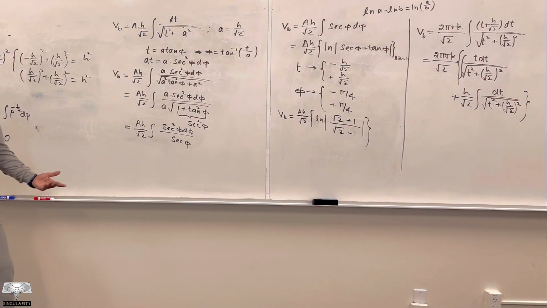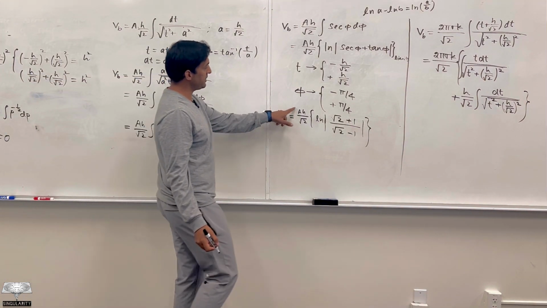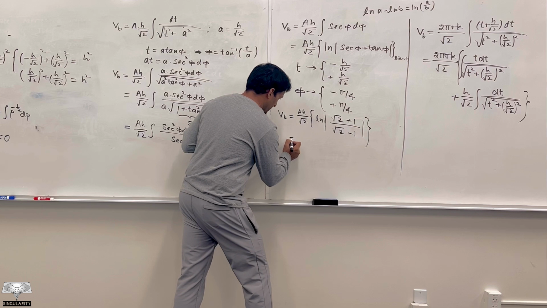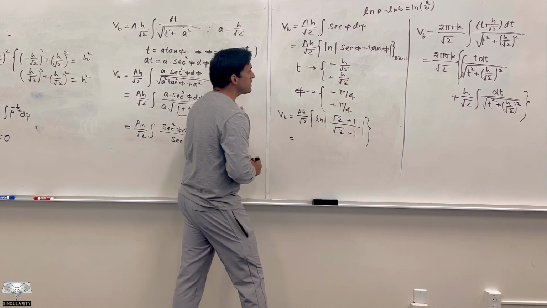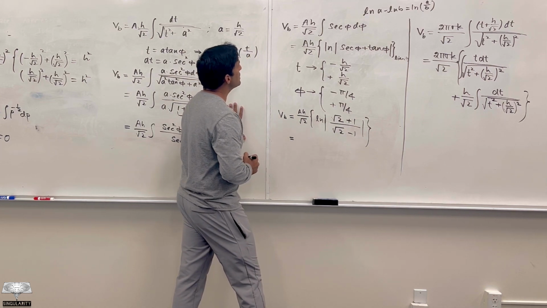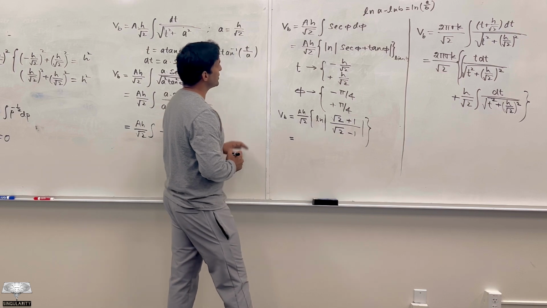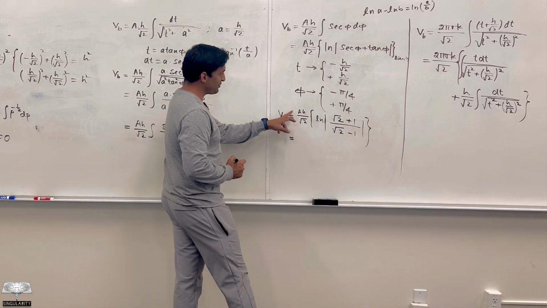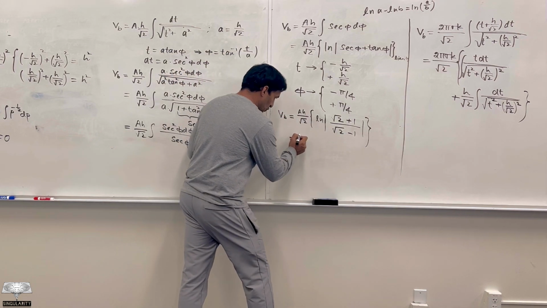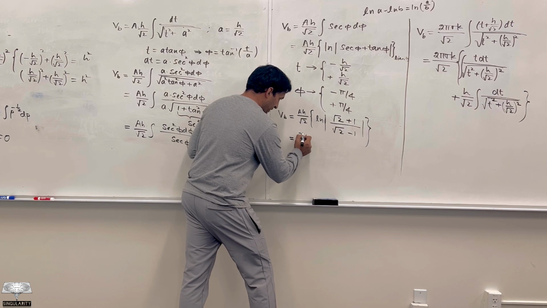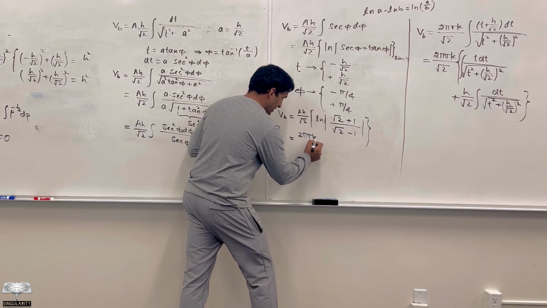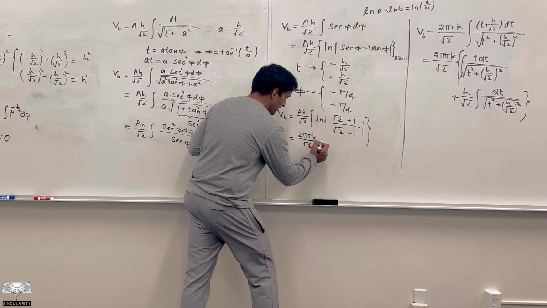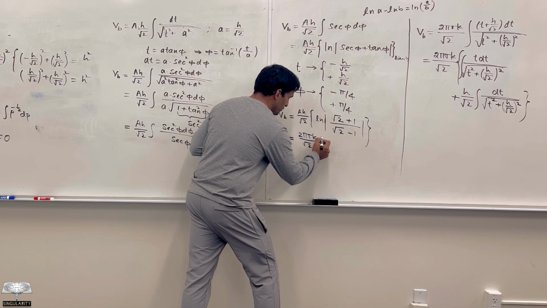Let's substitute back this factor, and this factor was equal to, anyone remembers it? Oh, there is one more thing. No, there's no more thing. Okay, do you remember this factor? It was 2 pi sigma k divided by square root 2. Did we have square root 2? Yeah.